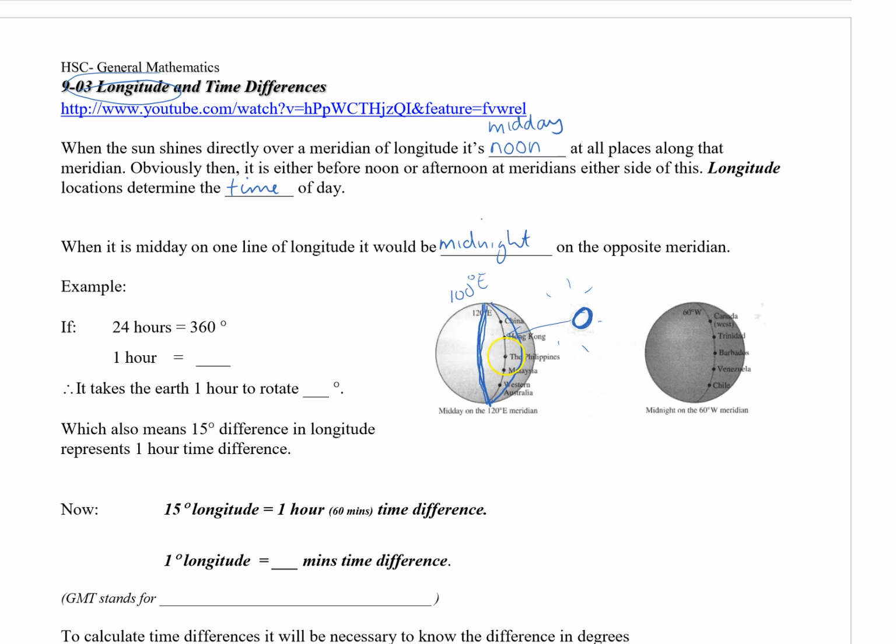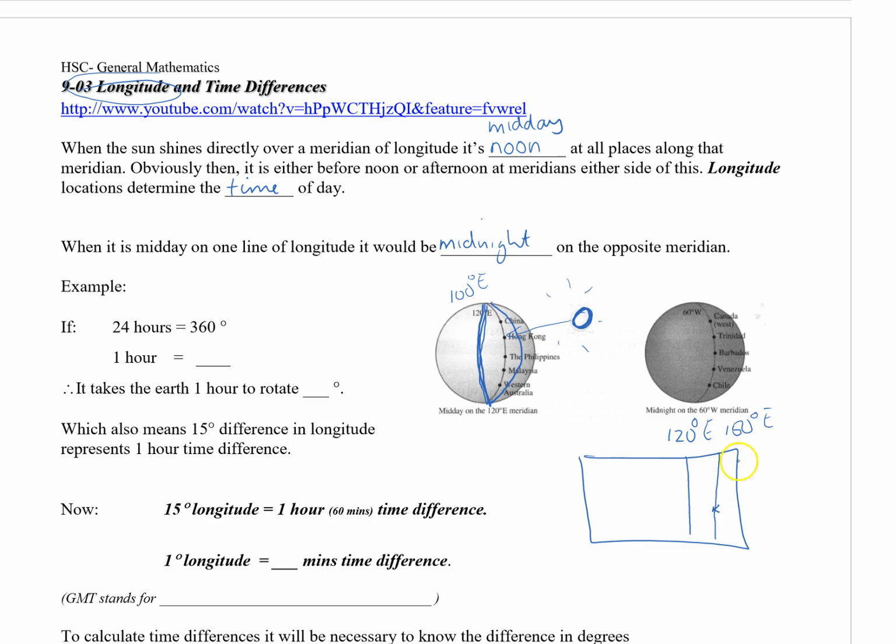Now, we need to establish just how much time there is between any two lines of longitude. Say, let's stay with 120 degrees east, and maybe 150 degrees east, where we are.